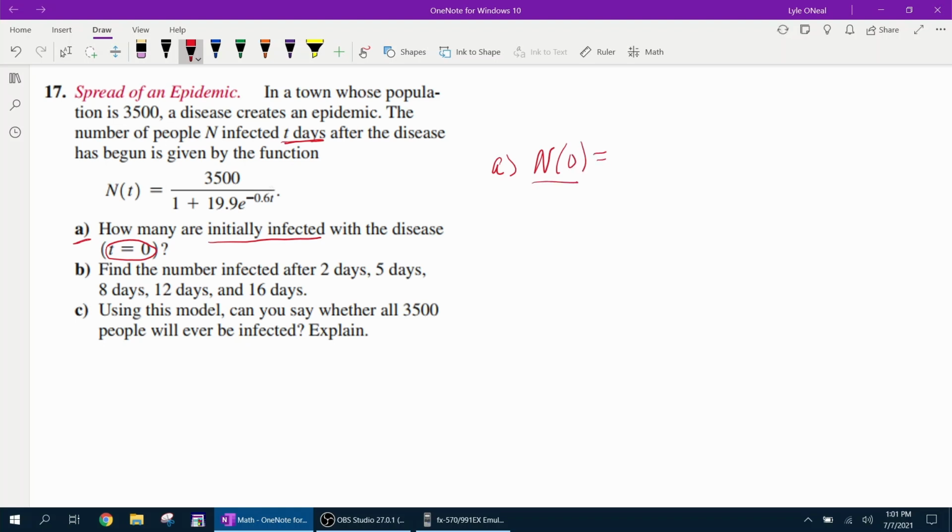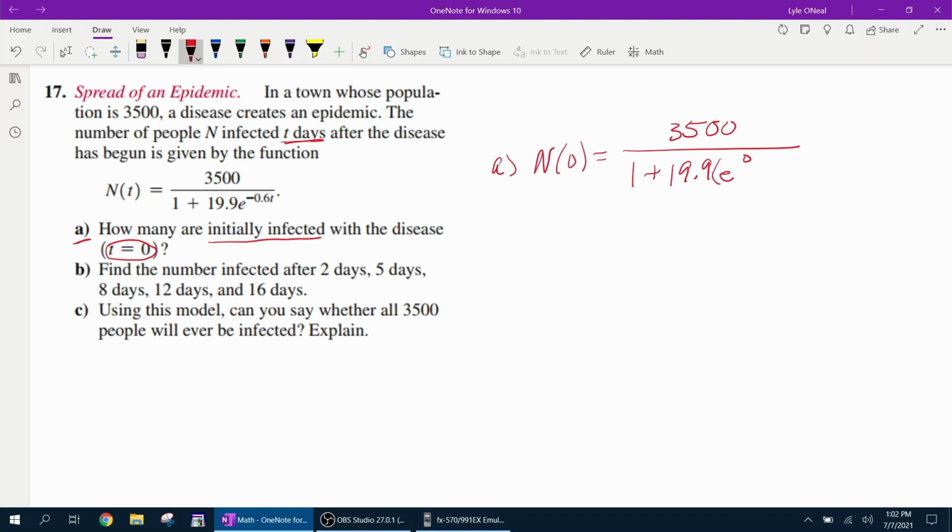And you're thinking, no, I'm not. I'm saying, yes, we are. N of 0, that's going to be 3,500 divided by 1 plus 19.9 e to the 0. Because if I replace t with 0, 0 times anything is 0, and that'll make that exponent 0.